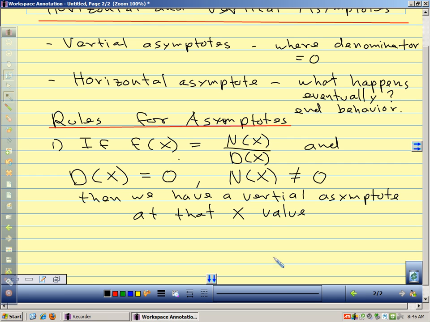So we have to have the denominator equal to 0 and the numerator not equal to 0. If the numerator and denominator are both 0, and we're not going to work with these a lot, we have a hole in the graph.